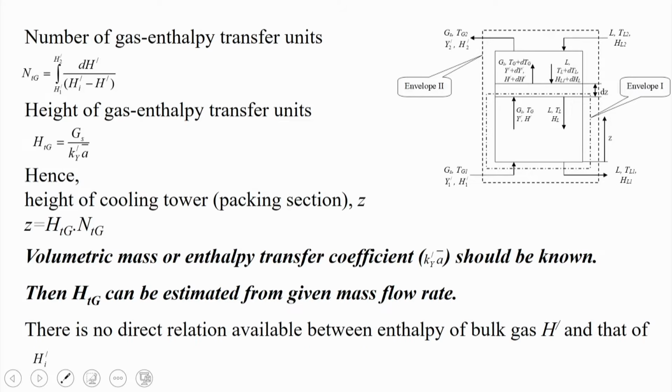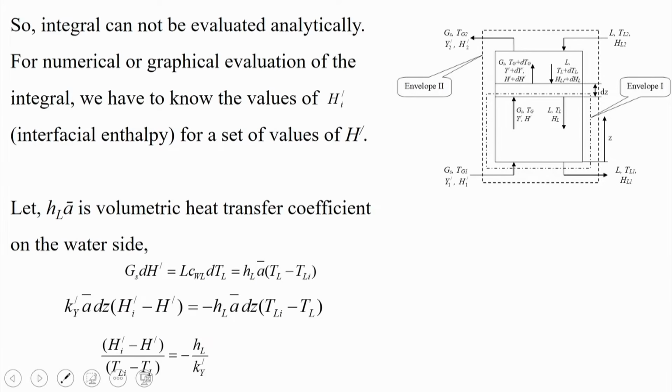There is no direct relation available between the enthalpy of the bulk gas h' and that of h_i', so this integral cannot be evaluated analytically. For numerical or graphical evaluation of the integral, we have to know the value of h_i', that is, the interfacial enthalpy for a set of values of h'.